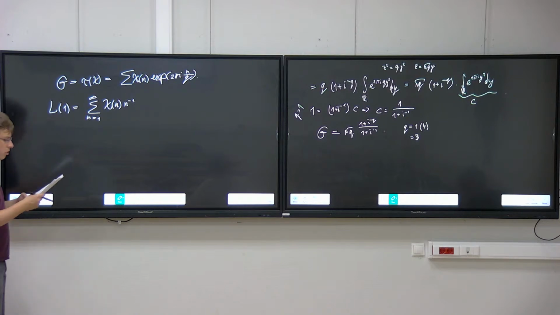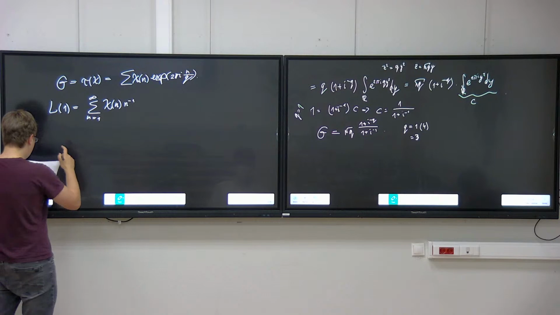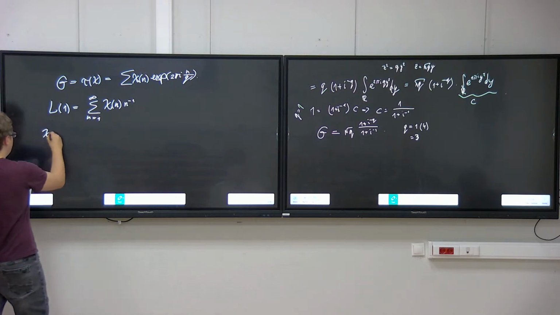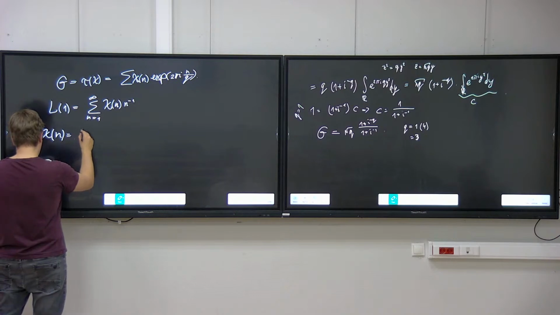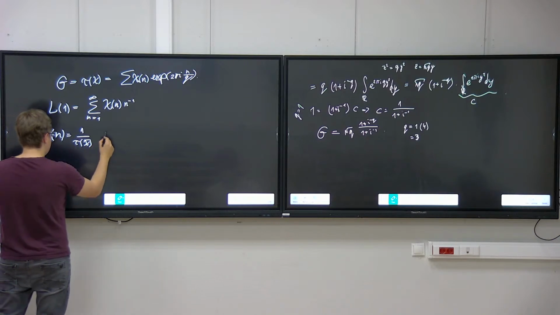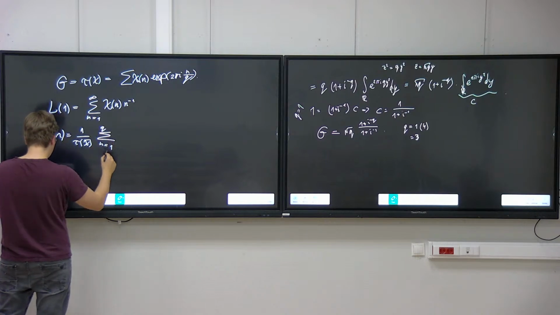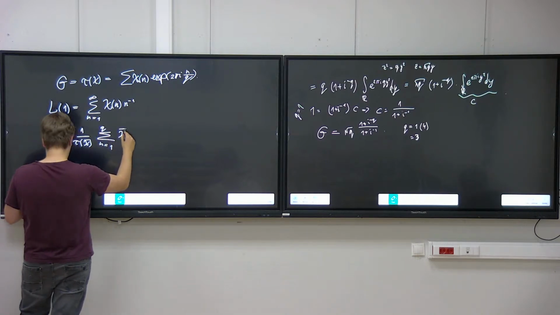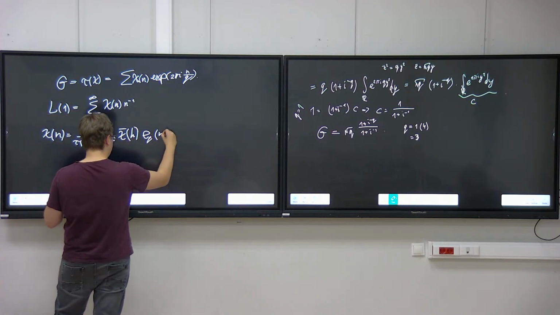The idea is to use these Gauss sums. You have such an expression: chi of n is equal to 1 over tau of chi conjugate, sum from h equals 1 up to q of chi conjugate of h times e_q of nh.